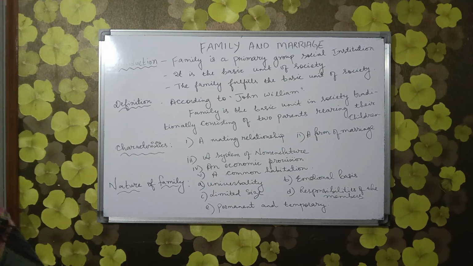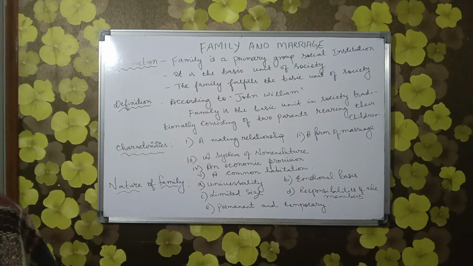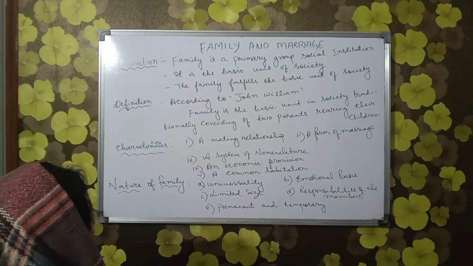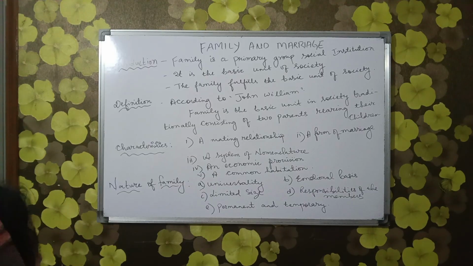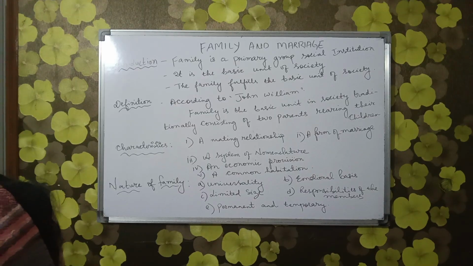Mainly every family is known by a name, and it has their own system of naming, maybe also considered through the male and the female. So the system of nomenclature is mainly known by their own name, class, caste, etc.